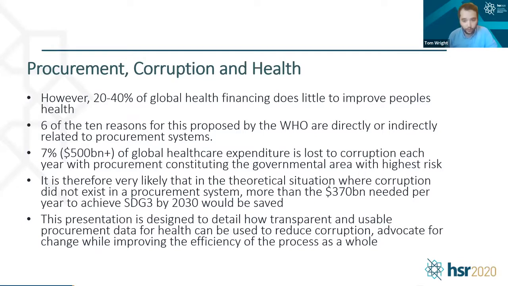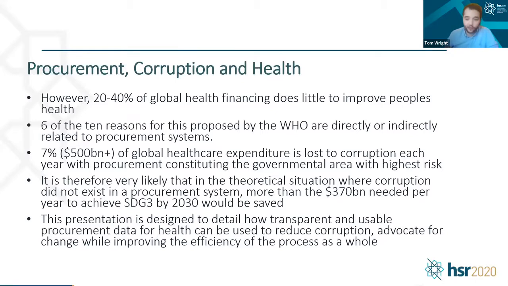the inefficiency in health financing, both at the public level, so at the national level. In general, the WHO has pointed out that global healthcare financing, about 20 to 40%, does little to improve people's lives per year globally.